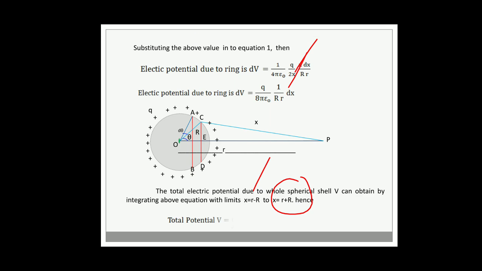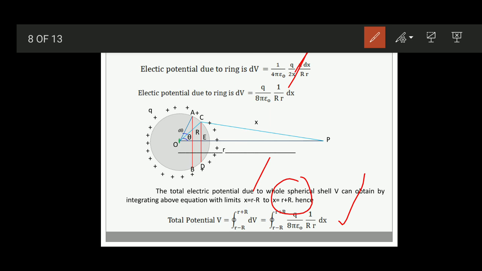So by integrating the above equation, the total potential V is equal to integration dV, whose limits are small r minus capital R to small r plus capital R, that is equal to integration Q by 8 pi epsilon naught into 1 by R into r dx, whose limits are r minus R to r plus R. Now the total potential V is equal to Q by 8 pi epsilon naught into 1 by R into r, which is constant, integration dx, whose limits are r minus R to r plus R. We know integration dx is equal to x.